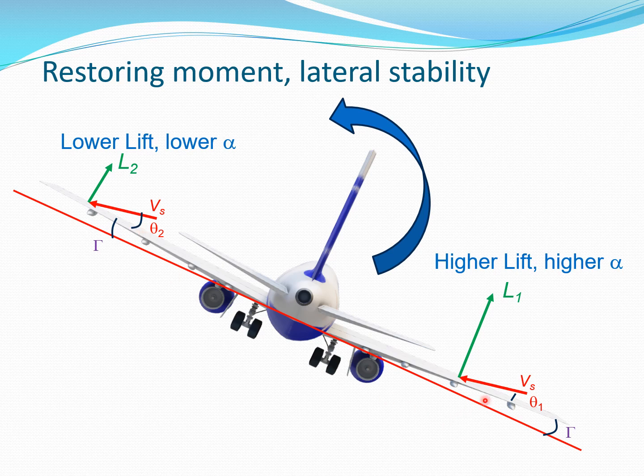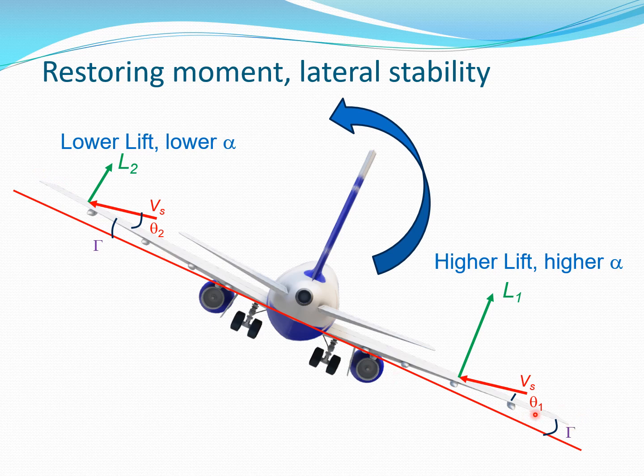So what happens is that here the alpha value is larger and here the alpha value is smaller, which are typically the angle of attack which the airfoil section is seeing, and the net result is that the lift L1 is greater compared to the lift L2, and therefore a restoring moment essentially develops which tries to bring the aircraft back to its starting position before it was hit by the disturbance. So essentially the dihedral plays a stabilizing role here because we have this small angle here.